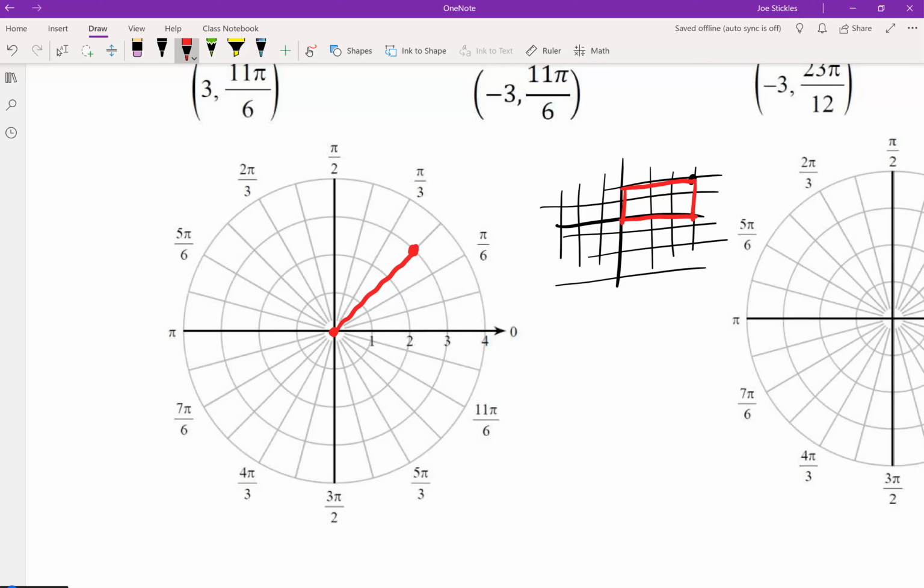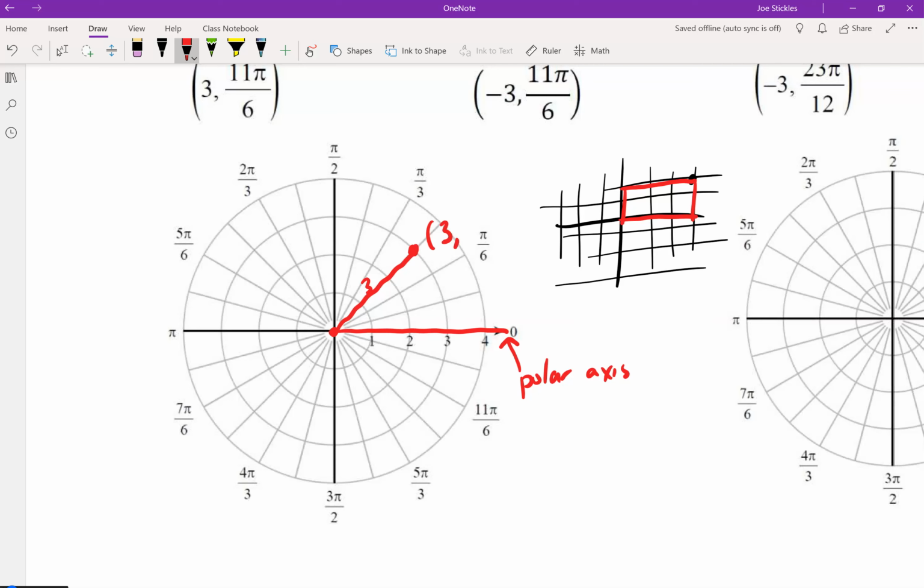Notice that we are on the circle that crosses through 3. So the 3 would be your r coordinate. This distance would be 3, if I was just worried about distance. Now what about the angle? Well, the polar axis is the positive x-axis. Drawing that in red, that's your polar axis.